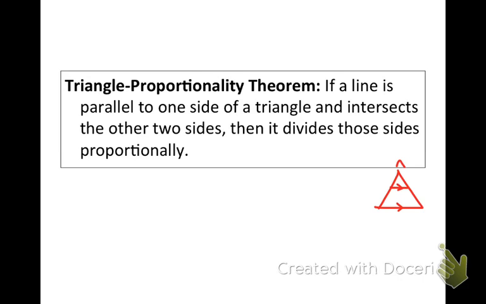So if I had A, B, C, D, E, then my proportion would be AB over BC, which AB is physically over top of BC. AE is physically over top of what? ED. And since they're proportional, we would set those equal. That's what this theorem is telling us.